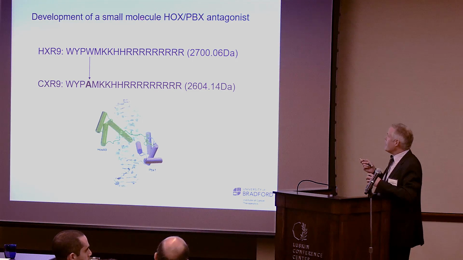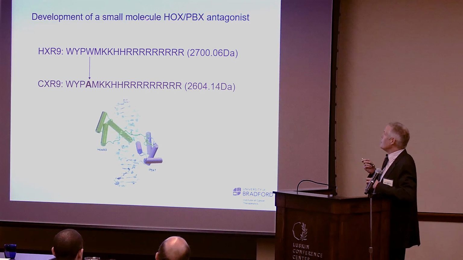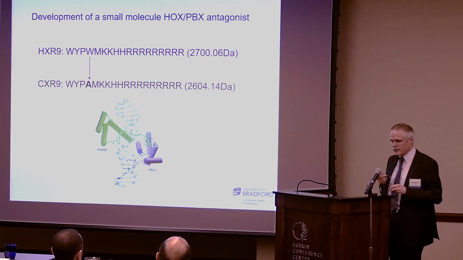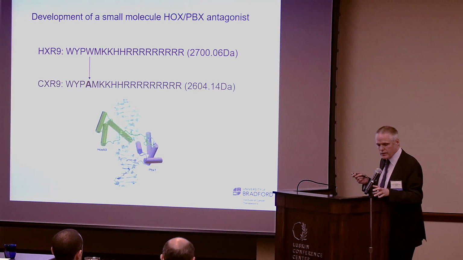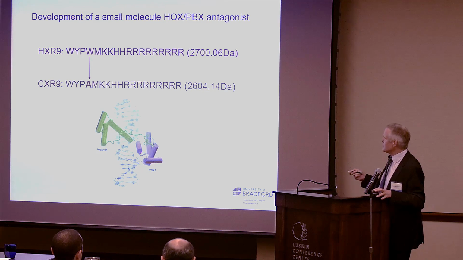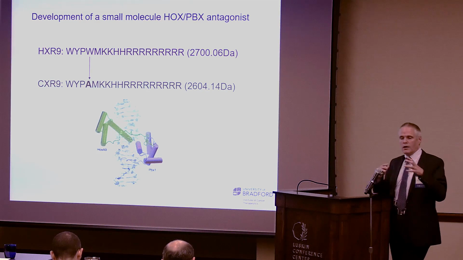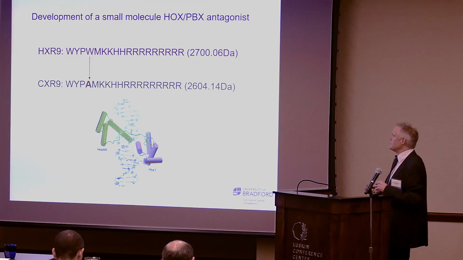But generally, small molecules are preferred to peptides. So the other question we've asked is, can you develop a small molecule inhibitor of HOX PBX? Generally, this is quite difficult with transcription factors because they tend to interact through very large, very large hydrophobic surfaces.